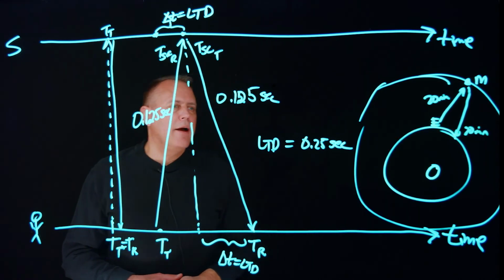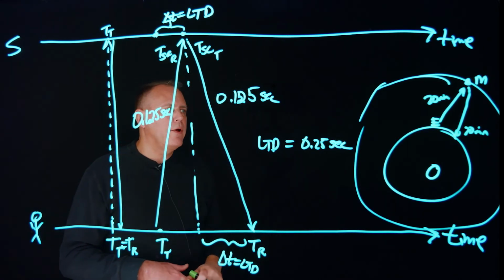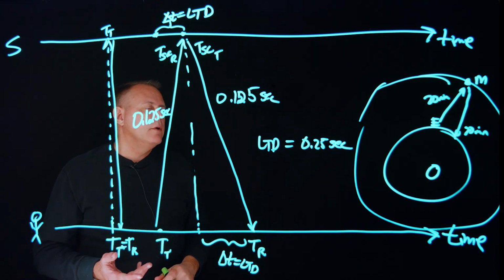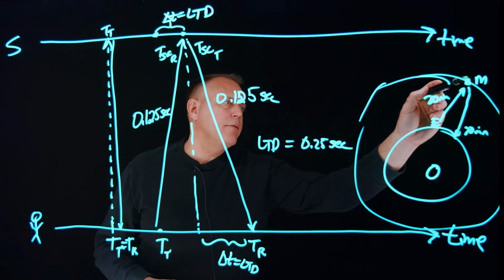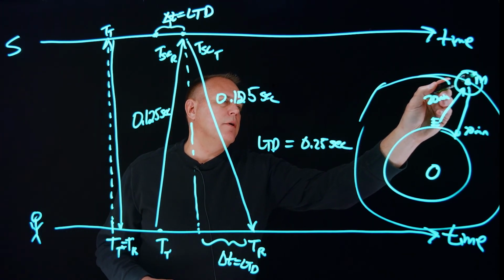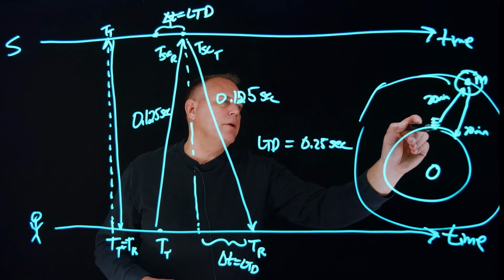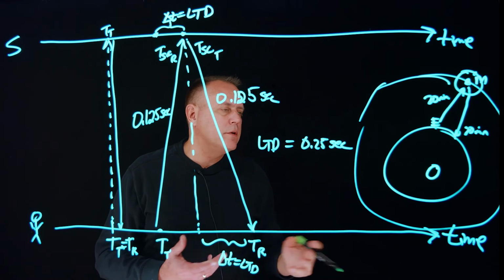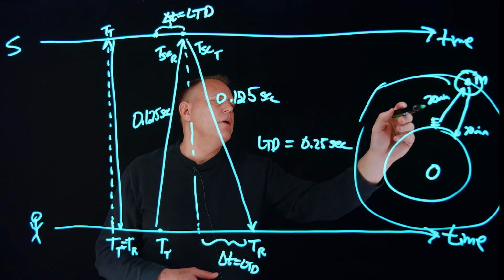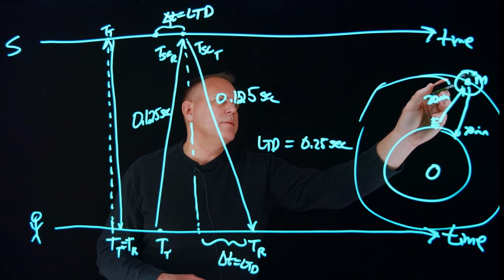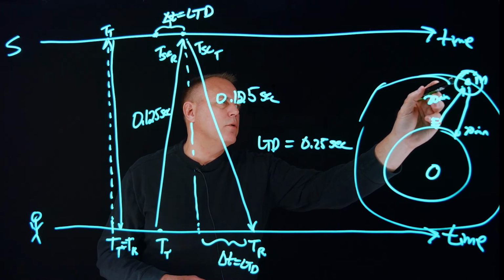I may actually have to start transmitting even before Mars is in my field of view, if I've got a spacecraft in orbit around Mars. The spacecraft might actually be behind Mars, but I start transmitting ahead of time, sort of like leading the target if you're skeet shooting. We have to lead the target so that by the time the signal gets there 20 minutes later, my spacecraft is no longer behind Mars.